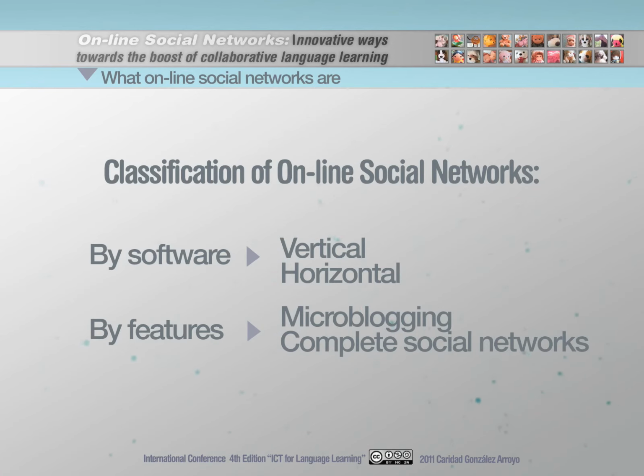By features, they can be microblogging, which differs from a traditional blog in that it only allows users to exchange small elements, such as short sentences or links, or complete social networks, where you can use all features of Web 2.0 without limits.